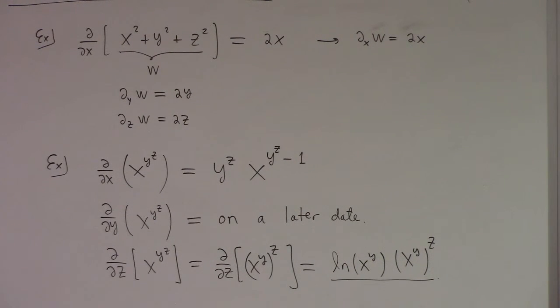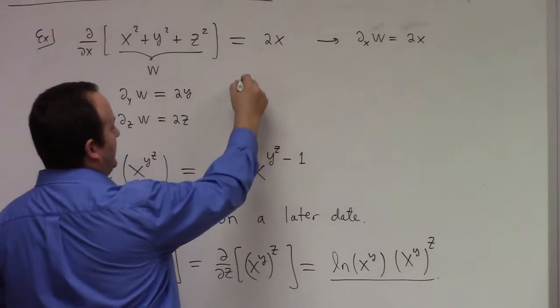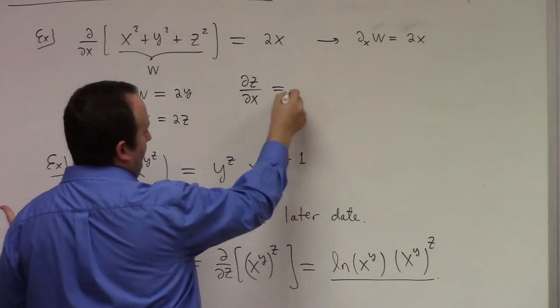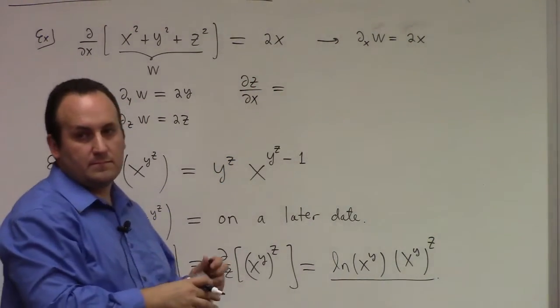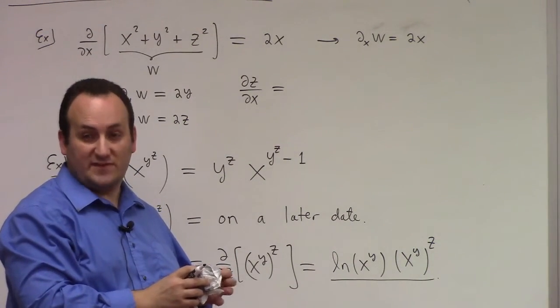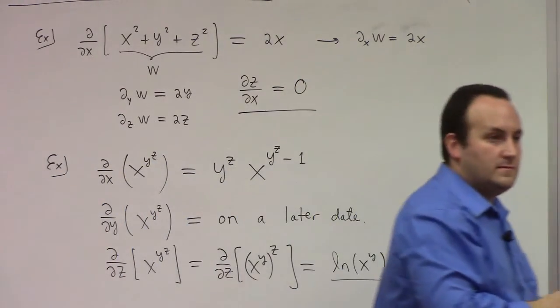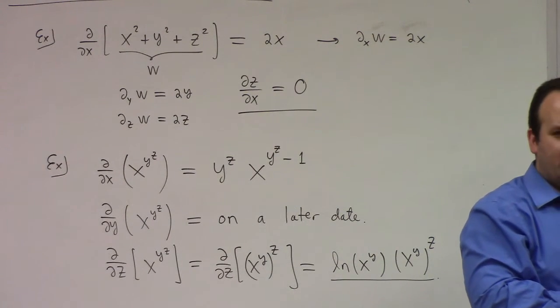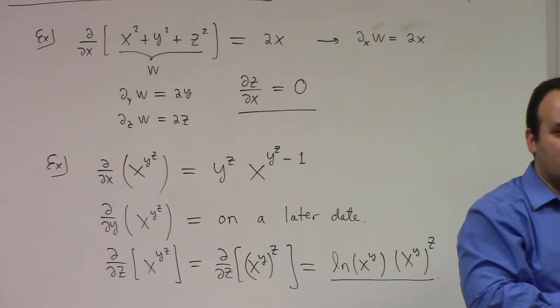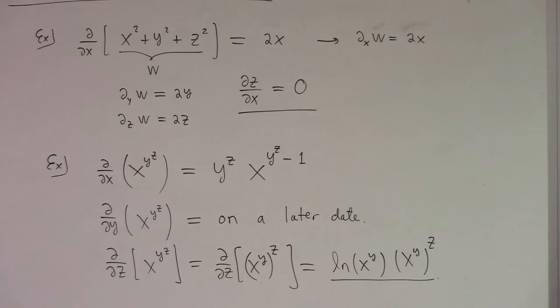So this is partial f partial x, and this is partial f partial y. In these examples over here, what's partial z partial x? It's 0, right? Because over here, we're taking x, y, and z to be independent. You're like, but wait a minute, is z a dependent variable or an independent variable? Yes, it is. Okay, so context matters.